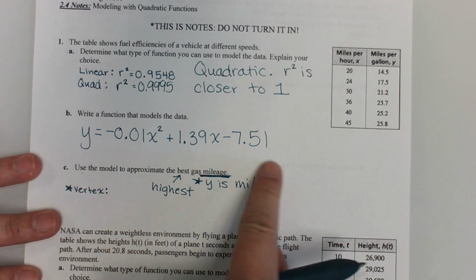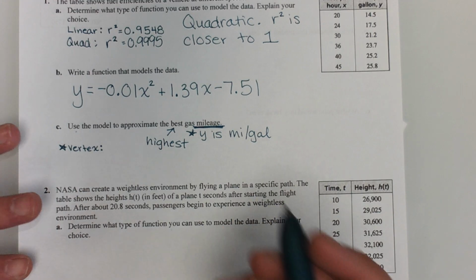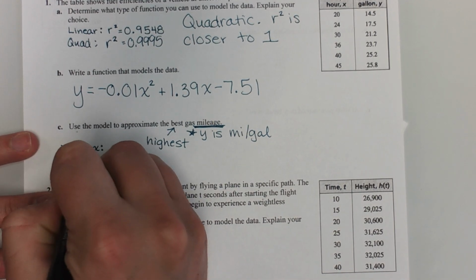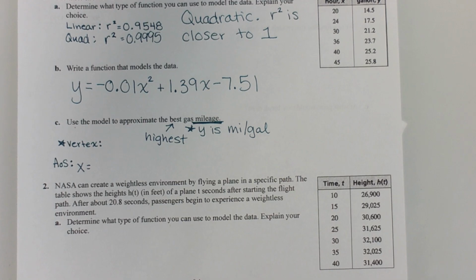What form is this equation in? Is that vertex form, intercept form, or standard form? It writes it in standard form. And in standard form, if I want to find the vertex, I first have to find the axis of symmetry. X equals, what's the formula for the axis of symmetry in standard form?